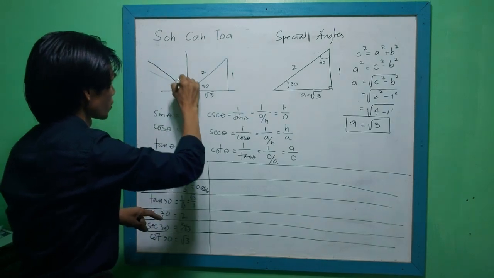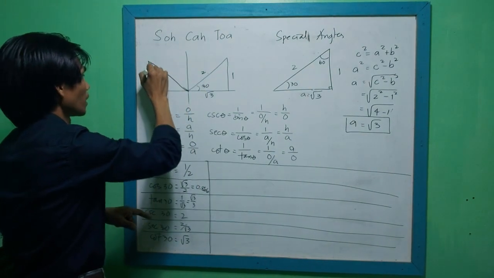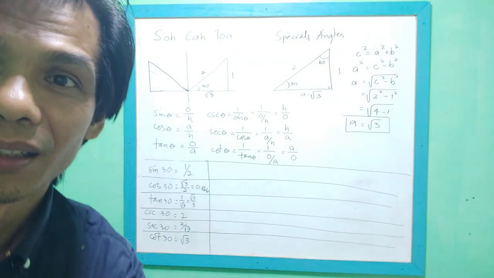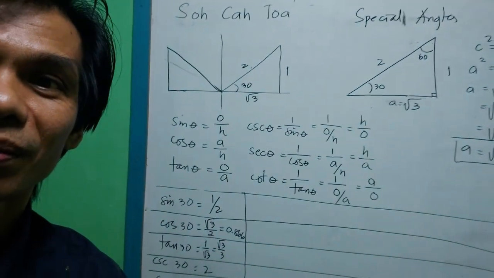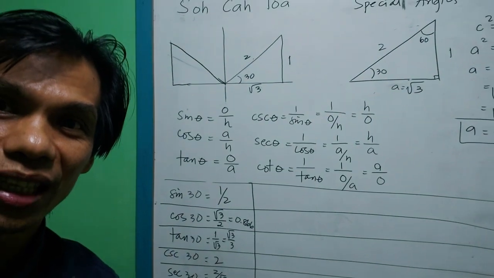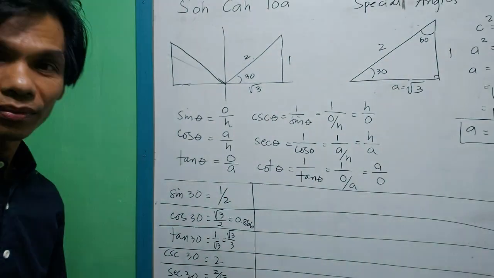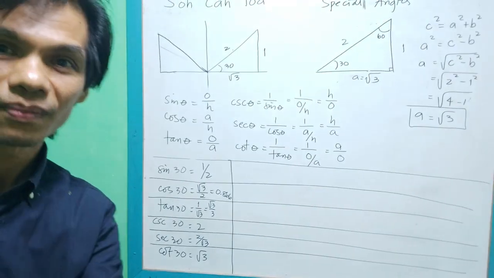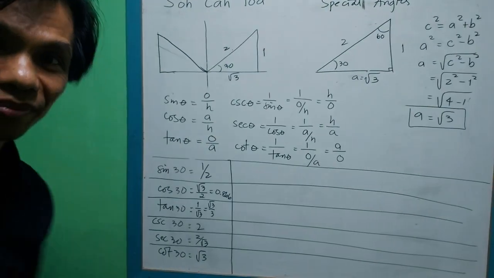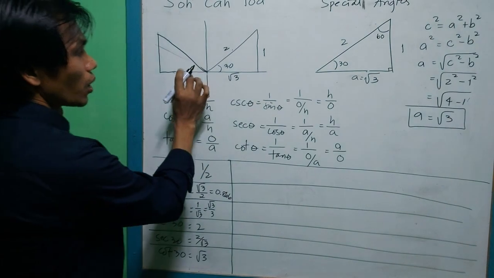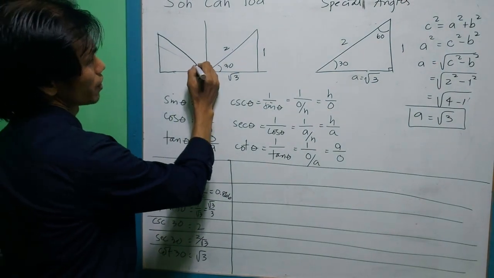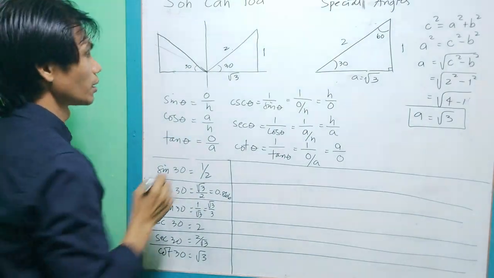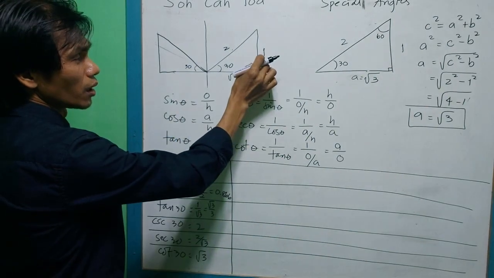Hindi maayos yung drawing. Yan. Okay. Ilapit natin para makita nyo. Yan. Sige. Na hindi kita. Yan. Okay lang. Kung eto 30 degrees. Ayan. 30 degrees po yan. Okay?